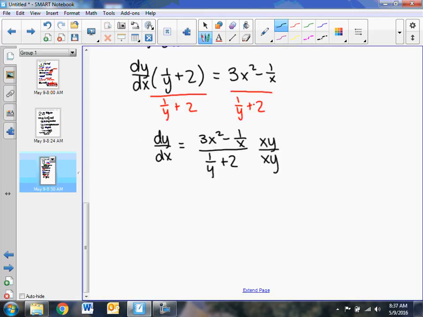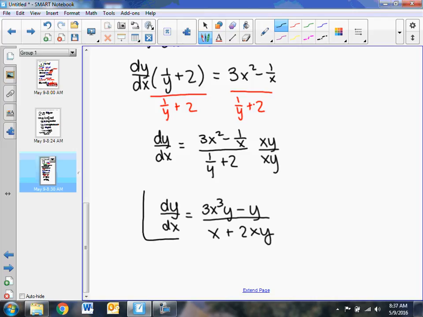And I'll get this nice clean version that looks like this. So we have 3x cubed y minus y over x plus 2xy. So that's the nice clean version of your answer. But again, the previous line would be okay for your final exam.